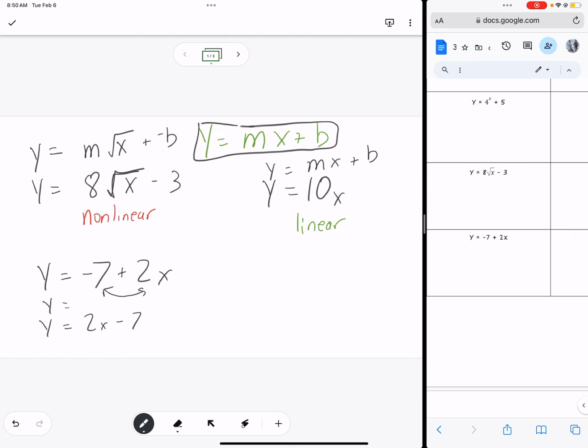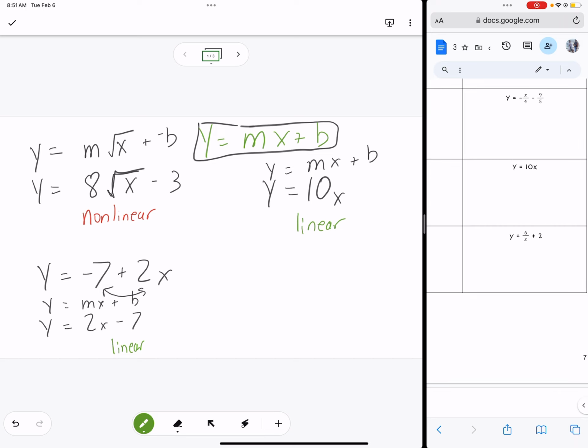Now, is it in my perfect y equals mx plus b? Yeah, it is. So this is a linear equation. All you had to do was switch them around. So what you guys need to realize is, one, it can't have an exponent and it can't have a square root. And if it doesn't have one of those, it is probably going to be linear.